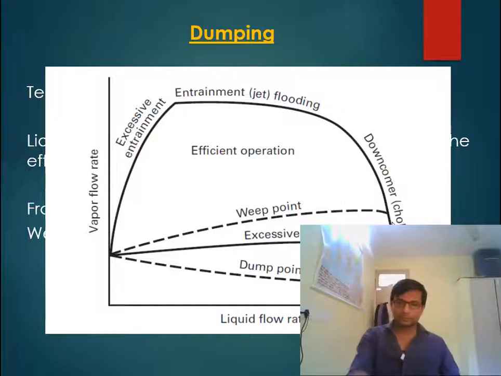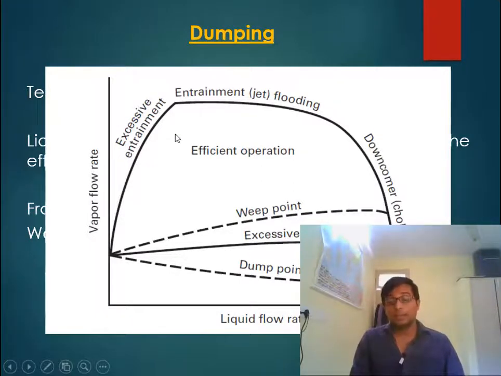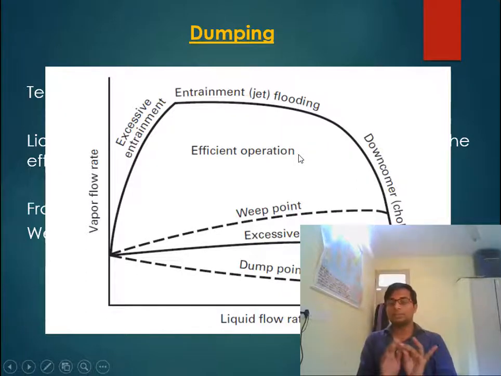If you see this diagram, you may see that there is a range of vapor flow rate and liquid flow rate in which we can operate our column efficiently. I mean, for this particular liquid flow rate, we can operate from this vapor flow rate to this vapor flow rate effectively.